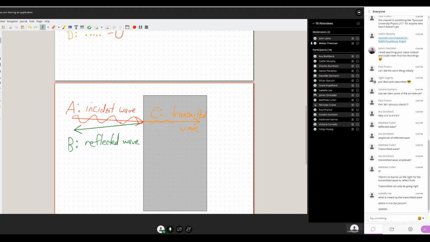Some of that amplitude goes through, and some of that amplitude reflects back. Does that make sense, Issa? Good, good. Keep that metaphor in mind.